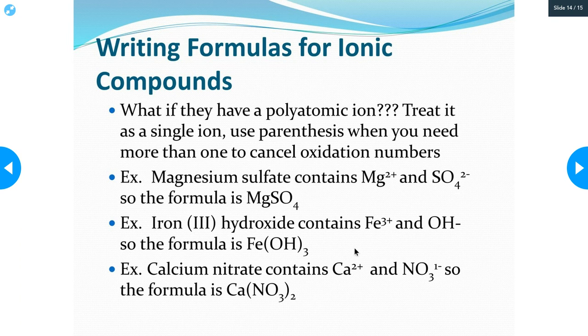So we have a 2- total and a 2+ total. So we need to put the nitrate in parentheses. You copy the exact polyatomic ion from the back of your periodic table, put that in parentheses, and then put however many you need on the outside of the parentheses. That's the only way you can write out formulas for ionic compounds when they contain polyatomic ions that you need multiples of.